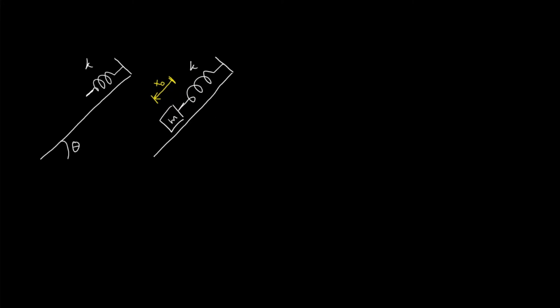Then say we take that system again with the box, and we're going to pull that box down by some other amount. Let's say we pull it down an amount, xm.